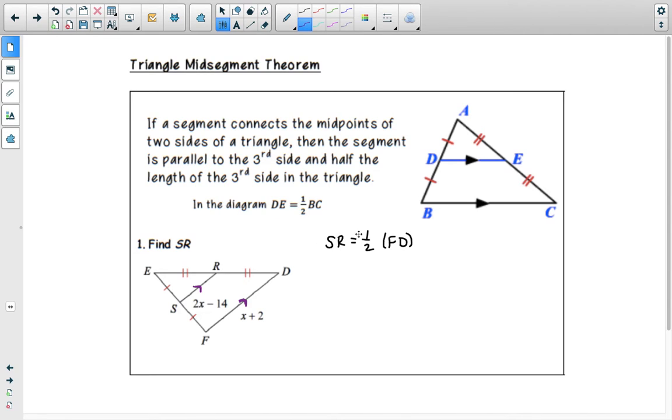So now that we have the formula, we can substitute the expression that represents that line. SR is represented by the expression 2x minus 14. So we can substitute that in. 2x minus 14, which was the SR, is equal to 1/2 of the length of FD, which is x plus 2.